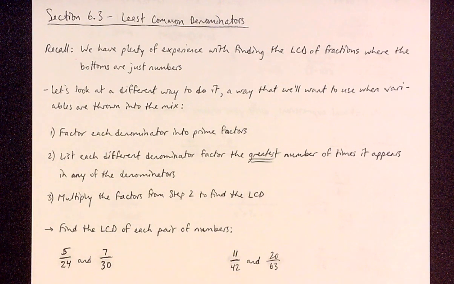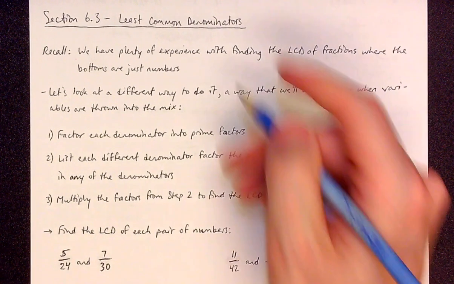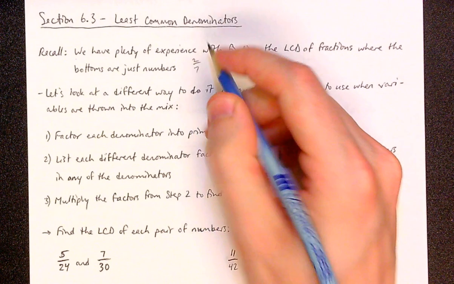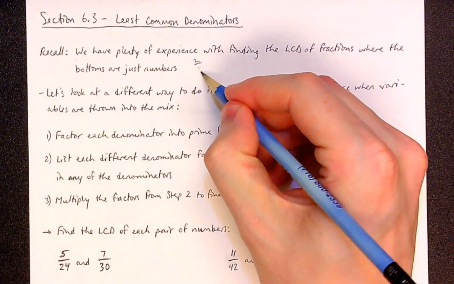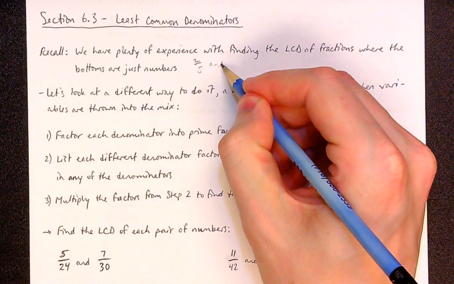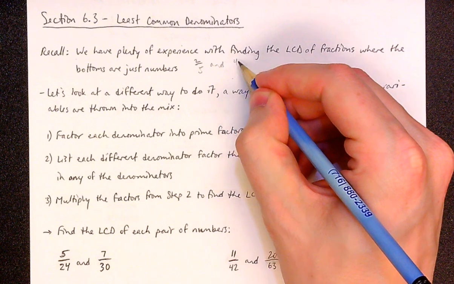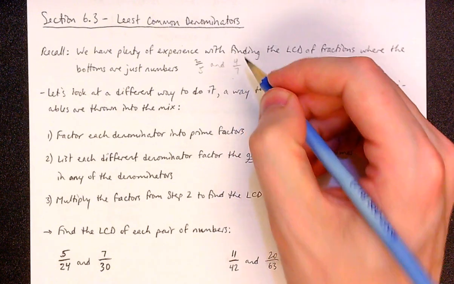So we are used to, let's say we were given 2 over 5 and 4 over 7.